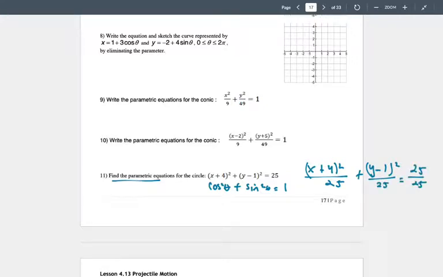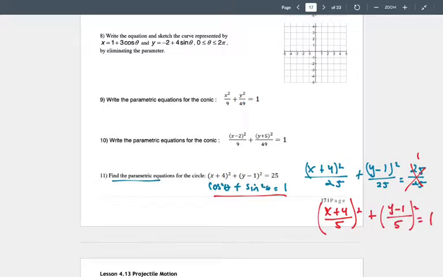Basically, I've divided everything by 25. That way, we have it equal to 1, like we need it to, so it matches this, which means that we've got x plus 4 over 5 squared plus y minus 1 over 5 squared equals 1.